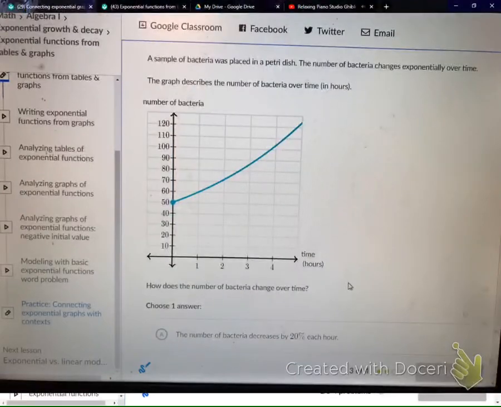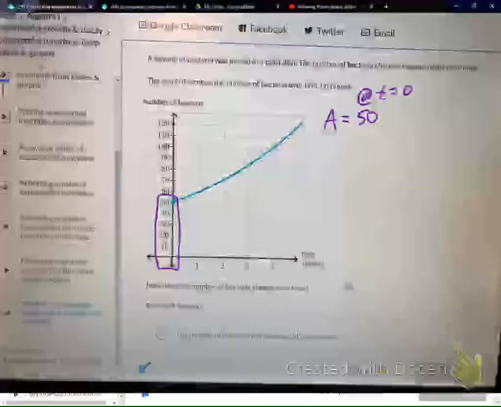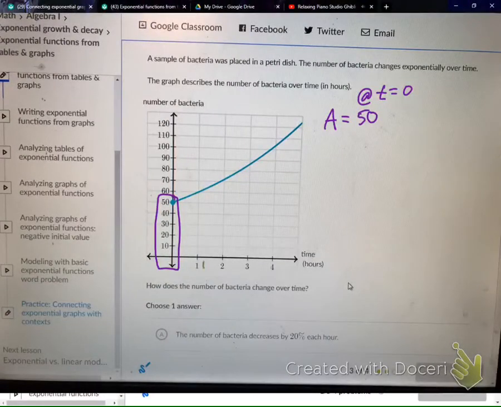For my third and last example, we're dealing with bacteria growth over time. Again, a very common kind of question. And again, I'm still tying all of my old skills back into this, trying to figure out what our starting value is, so again, at time equals 0. What's our initial amount? That appears to be 50. And again, we want to look at that critical 1, that's always the easiest, to try and figure out what kind of change was made here.